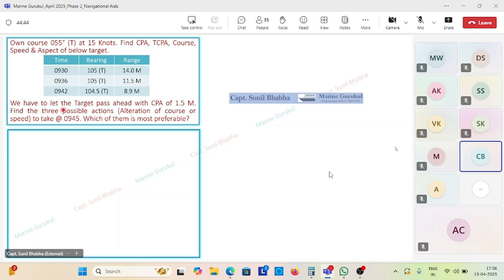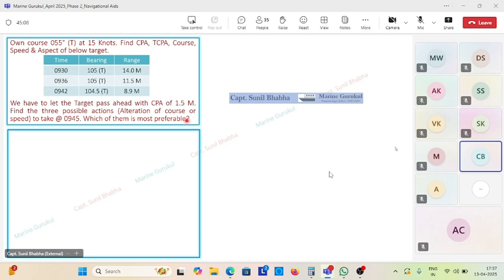We have to let the target pass ahead with a CPA of 1.5 miles. Find the three possible actions. These could be alteration of courses or speed to take at 0945. Which of them is most preferable?